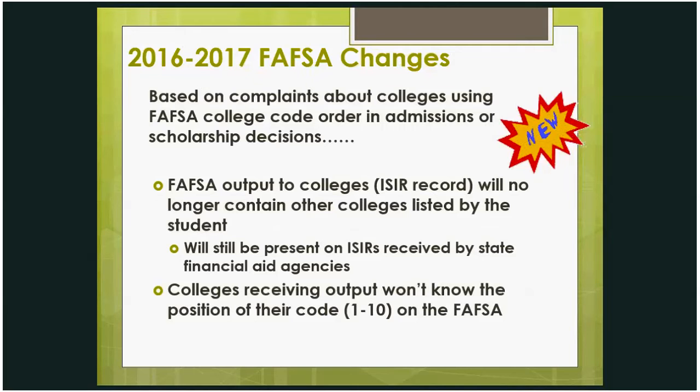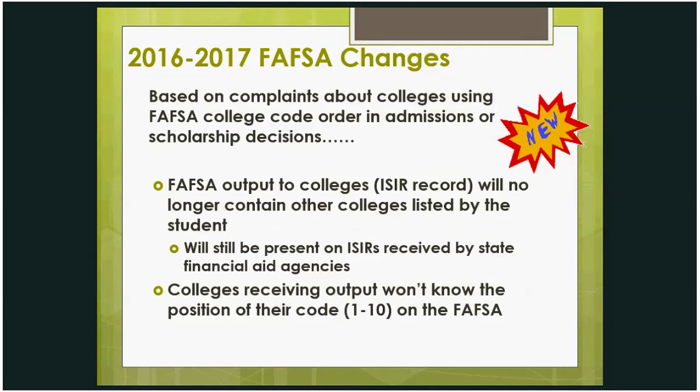They will only get the ISIR for their own school, and they won't know what spot they were listed in on the FAFSA. That was because some of the schools were actually looking at that ranking, thinking if our school's in the 10th spot, that student may not be serious about coming here. So now they're going to fix that so colleges won't see the other codes.